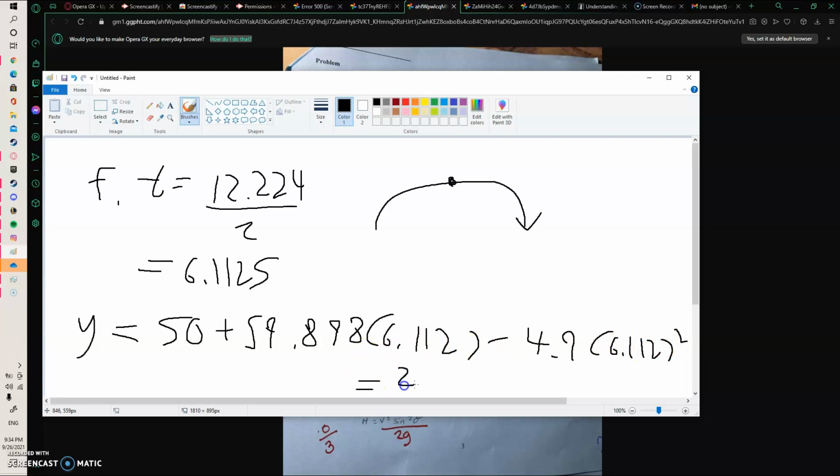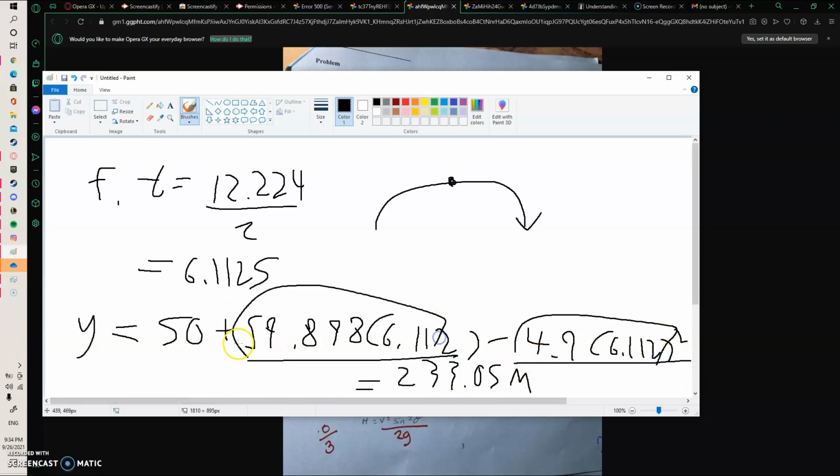And then we get the maximum height is equal to this. Essentially what we're doing here is finding the velocity plus the height at the top of the curve, and then we just get 2.33.